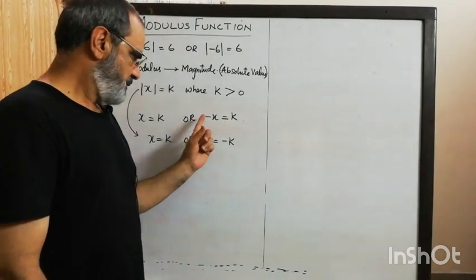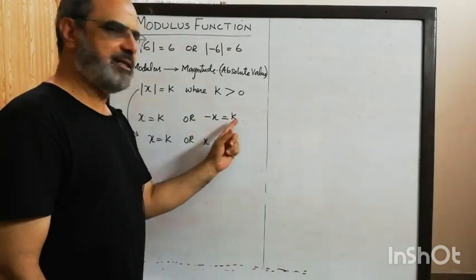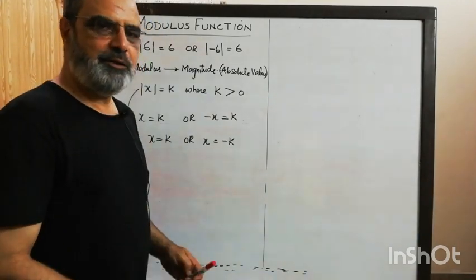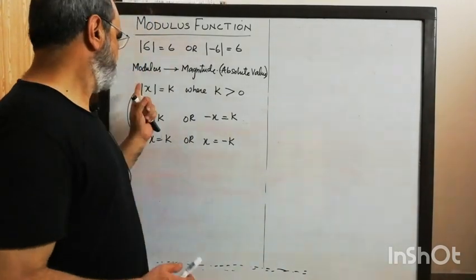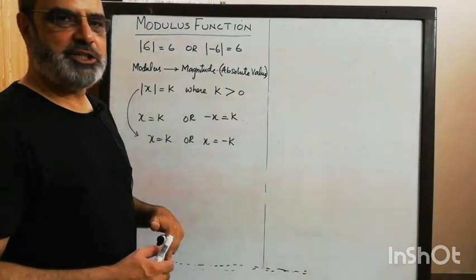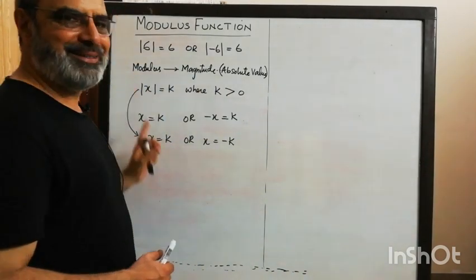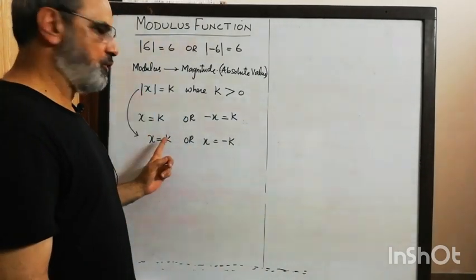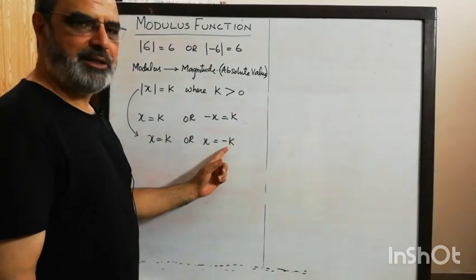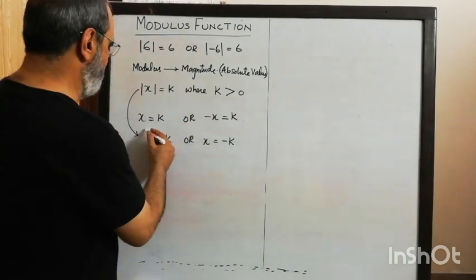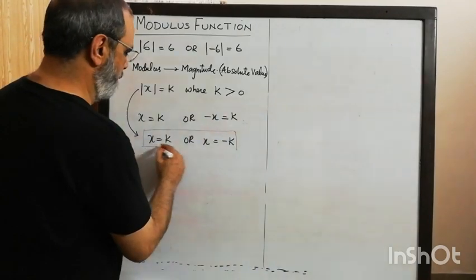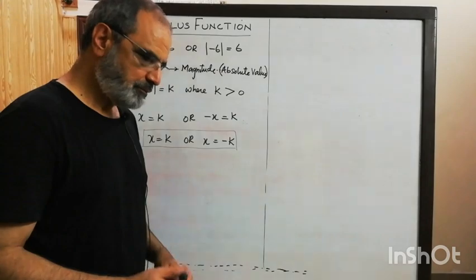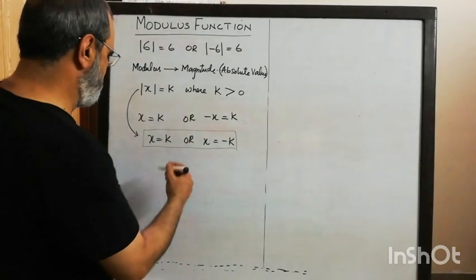If I shift this sign to the other side, I'll get x is equal to k. So whenever you remove a modulus to solve the equation, we will be writing it as the quantity inside the modulus equal to positive k and equal to negative k. This is a property which we are going to use to solve the equations involving modulus function.